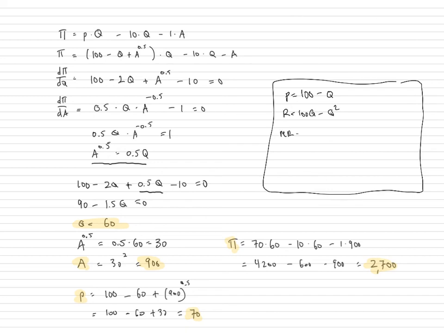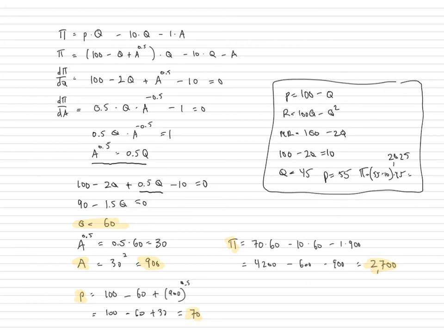Marginal revenue will be equal to 100 minus 2Q, set that equal to marginal cost. And we know that our Q would then be equal to 45. Our price would then be equal to 100 minus 45, so it would be 55.